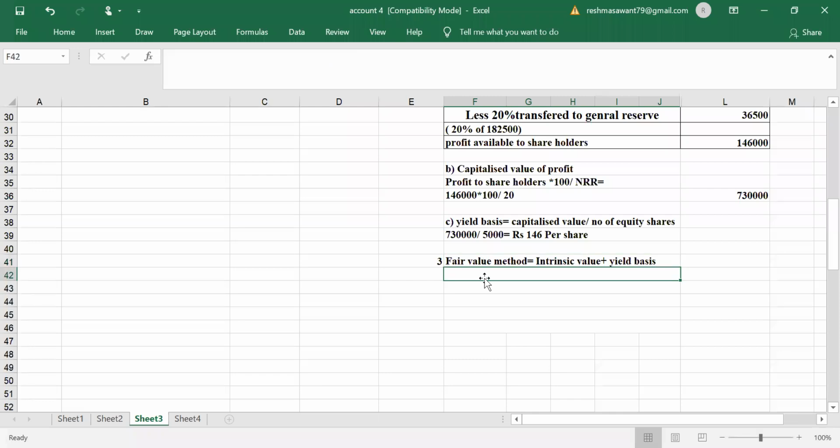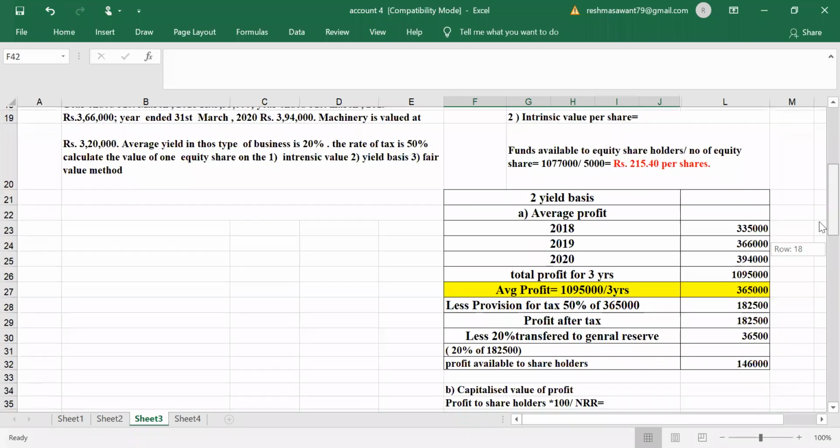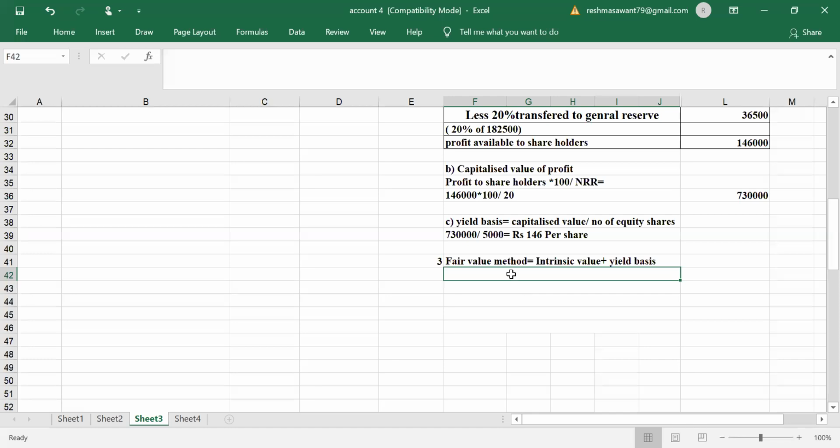Intrinsic value is the first calculation's answer, that is 215.40 per share. 215.40 plus 146, divided by 2.